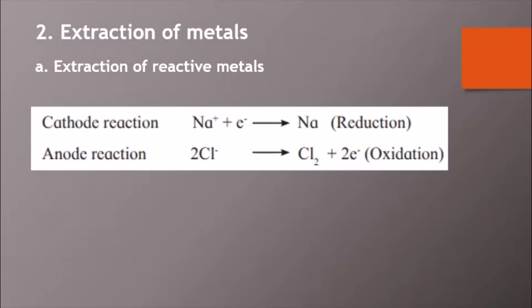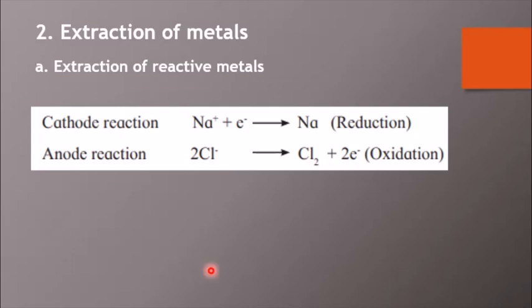We insert two electrodes, one cathode and one anode, and from the cathode we can remove the metal. The metal gets deposited at the cathode and chlorine gas is liberated at the anode. So from sodium chloride, the sodium will be deposited at the cathode and the chlorine will be liberated from the anode.